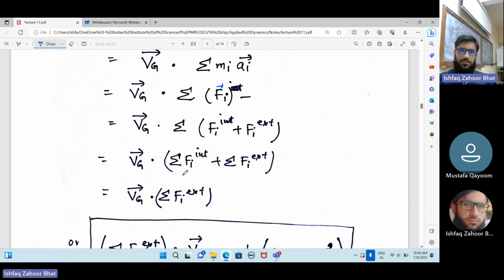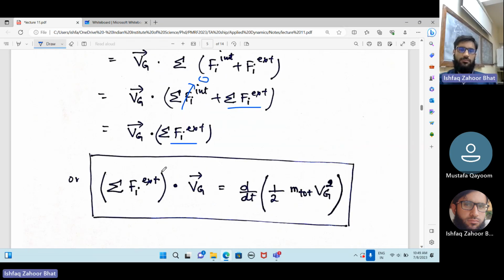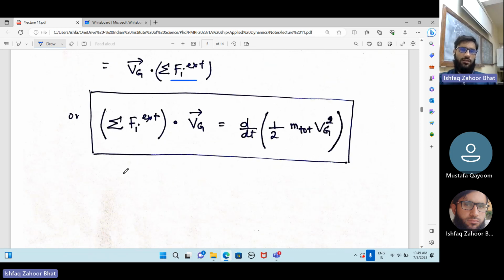So this term vanishes, and the only term remaining is this: the total external force, the net external force acting on the system of particles, F external.